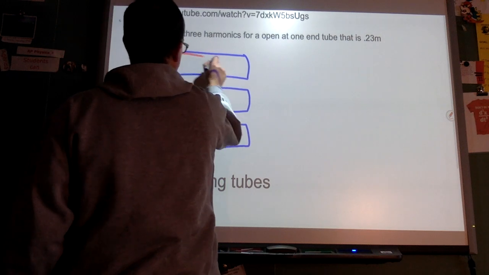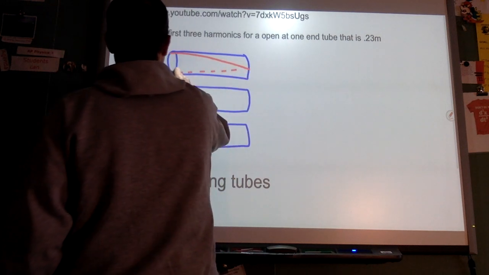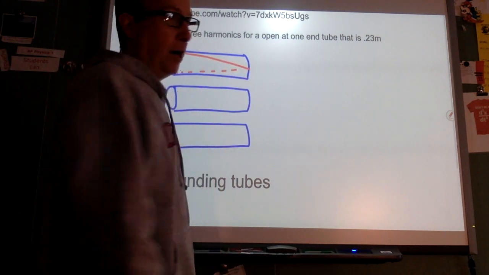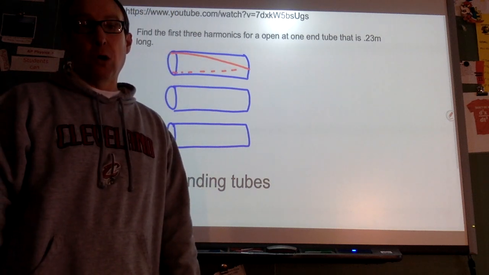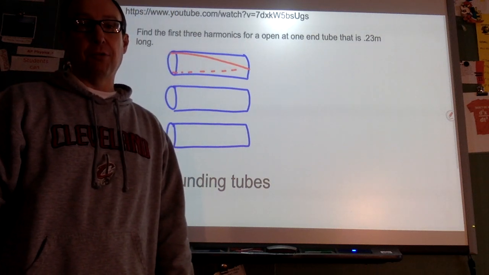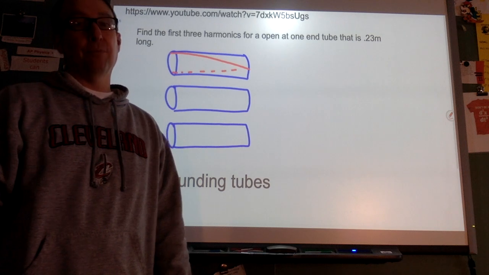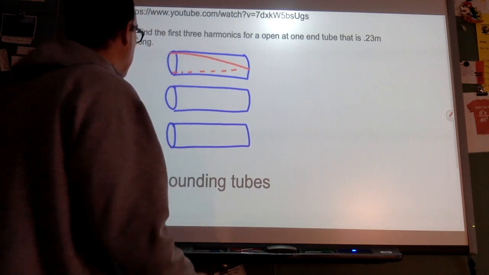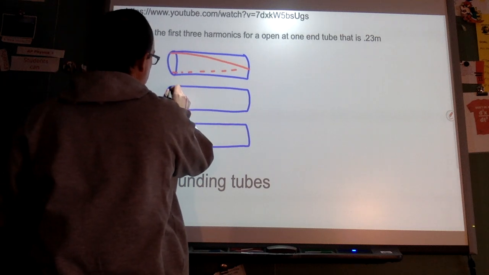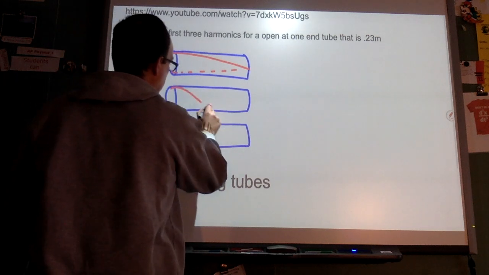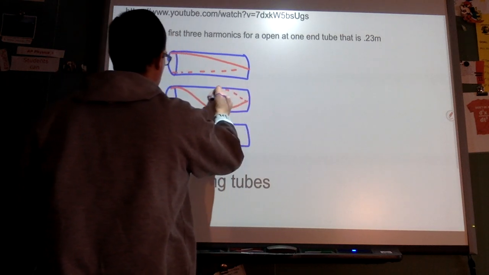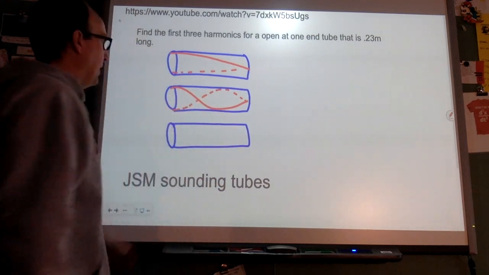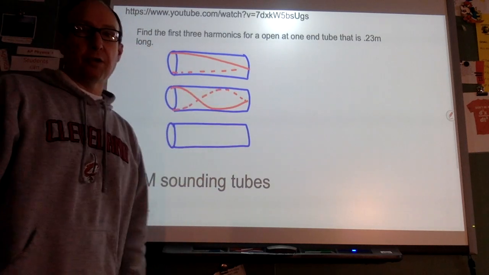So that's going to be a quarter wavelength in and a quarter wavelength out. Realize that I know that sound is a longitudinal wave, and I am drawing this wavelength as a transverse wave. Then I'm going to have 3/4 in and 3/4 out. And the idea is that you don't want destructive interference.